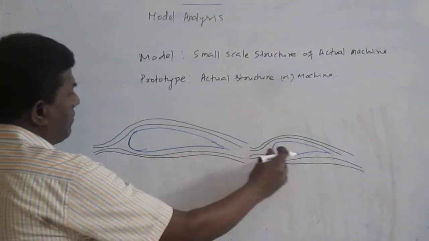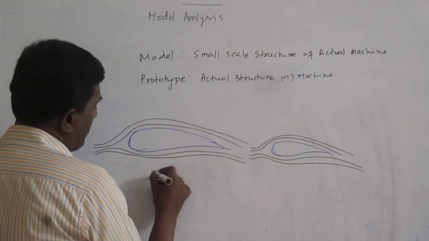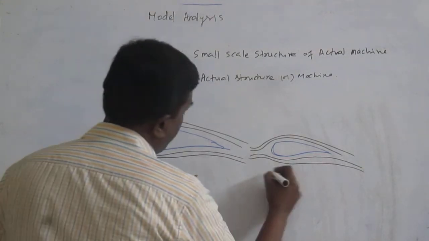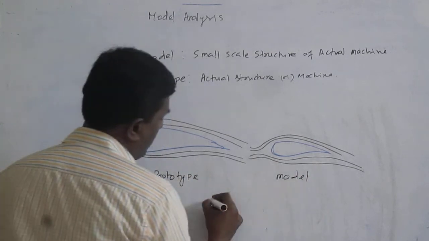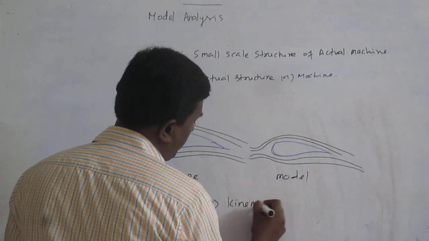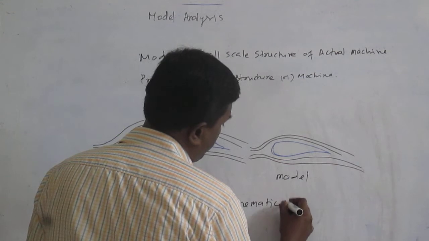So whenever we say both the model and the prototype have similar motions, we call these kinematic similarity, kinematically similar.